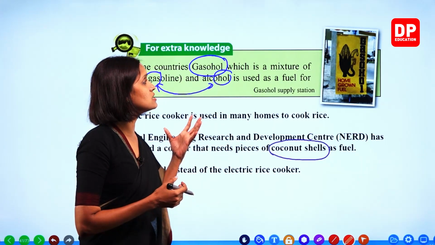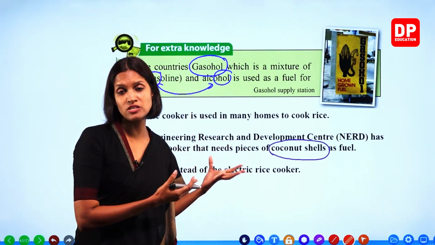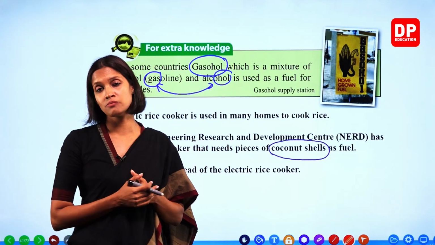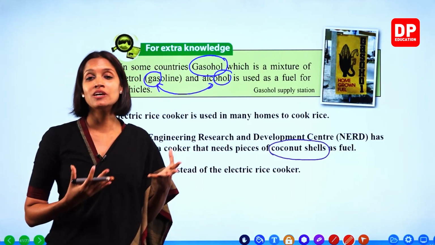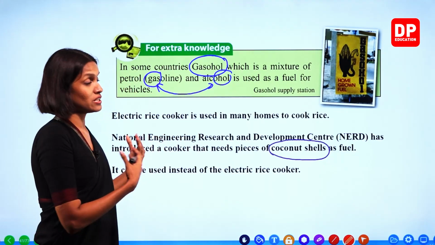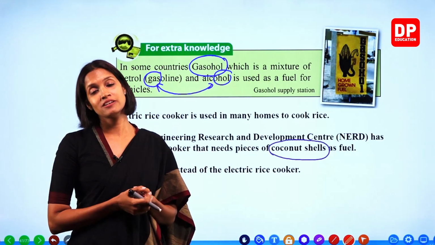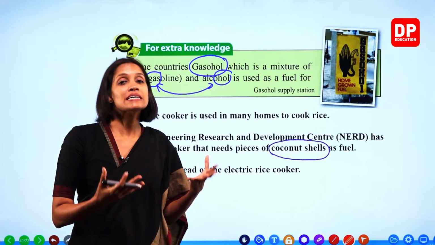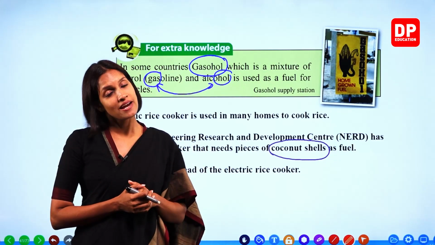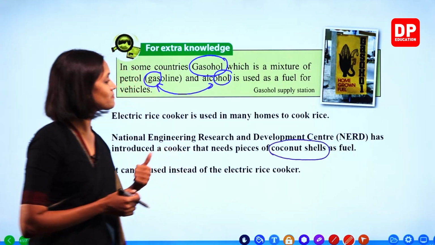So when you consider biomass, what is the most important thing about using it? It is low cost, because any kind of plant or animal matter can be used as fuel. Therefore, cost-wise, it is friendly to us. Right, children? We'll move on to the next.